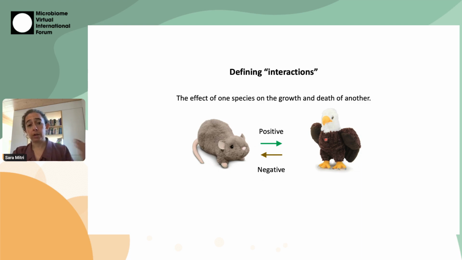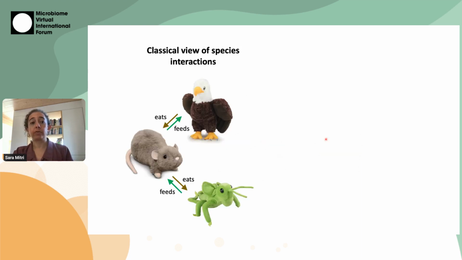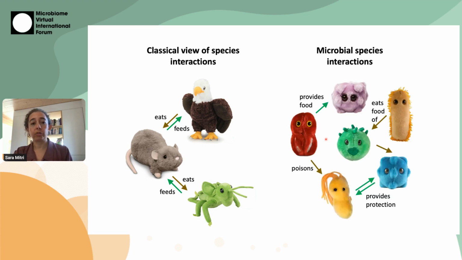And so historically, ecology as a field has looked at these different interactions in their trophic levels. So you always have these predators, and the prey might be predators of another layer below it. And a lot of the theory that's been developed in ecology has been based on this view. But then if we start to look at microbial ecology, which is a younger field, things became a little bit more messy, especially if we look at interactions between bacteria that are maybe within the same trophic level, more or less.